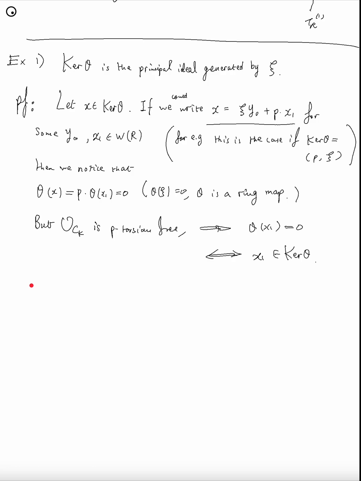So, if we could prove that the kernel of theta equals the ideal generated by p and c, then actually we can conclude that the kernel of theta equals the ideal generated by c.